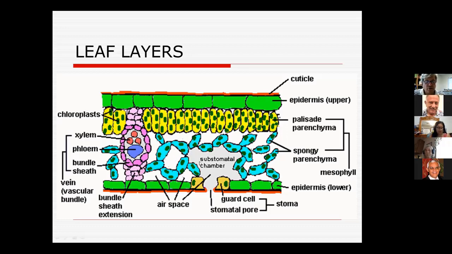So you see it's usually a thicker layer than the palisade parenchyma. Then you have this spongy layer before you get to that lower epidermis.